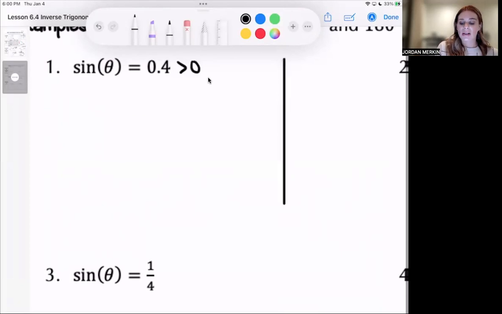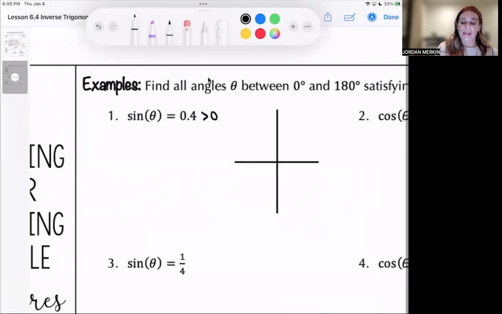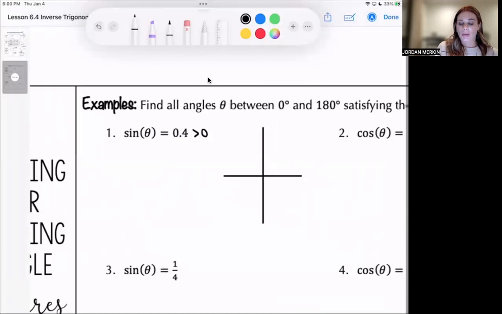And because we are looking for an answer in quadrants 1 or 2, from 0 degrees to 180 degrees, and sine is actually positive in both of those quadrants, there's actually going to be 2 solutions to this problem. There should be one in quadrant 1 and there should be one in quadrant 2.